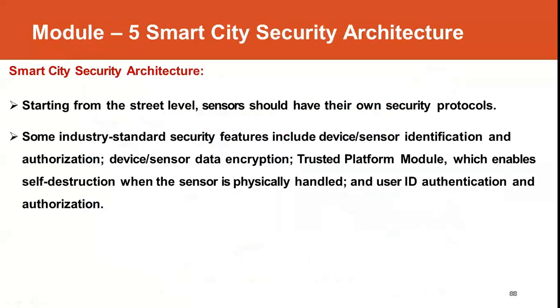Starting from street level, sensors should have their own security protocols. Some industry standard security features must be adopted in the device itself, such as device identification, authorization, and data encryption. Trusted platform modules must be built, which enable self-destruction when a sensor is physically handled, and user ID authentication and authorizations should also be adopted.